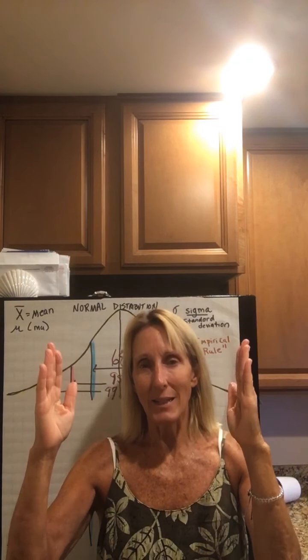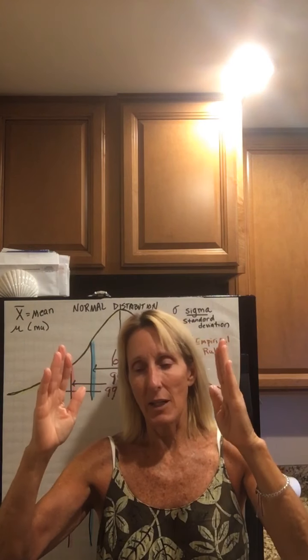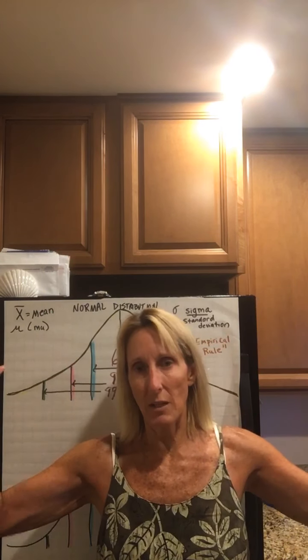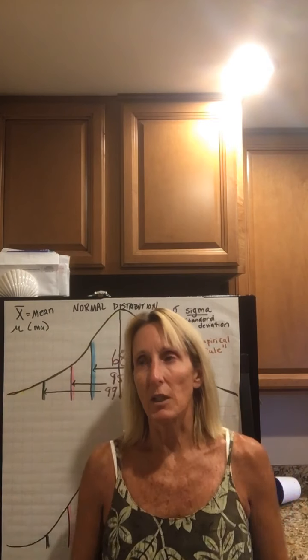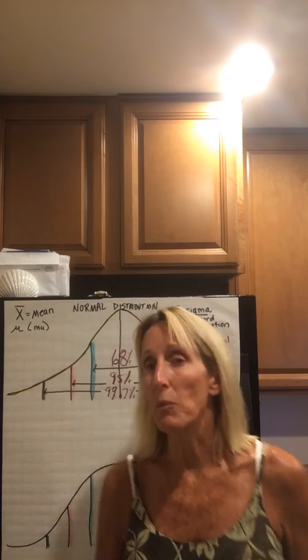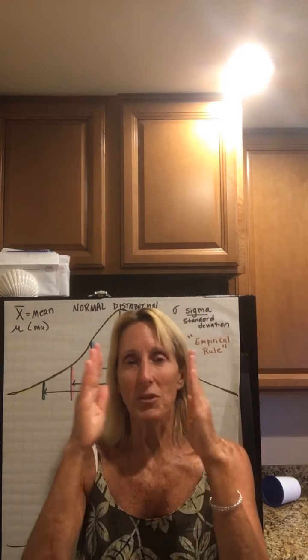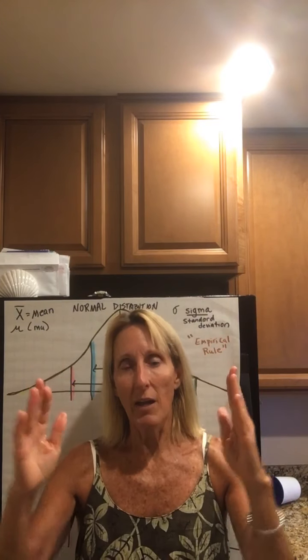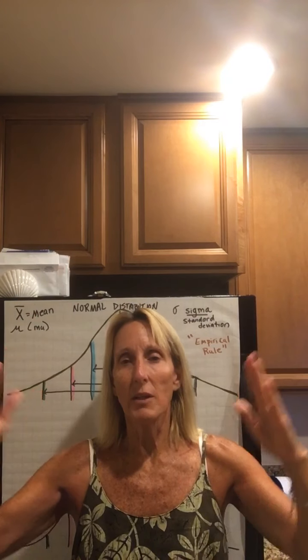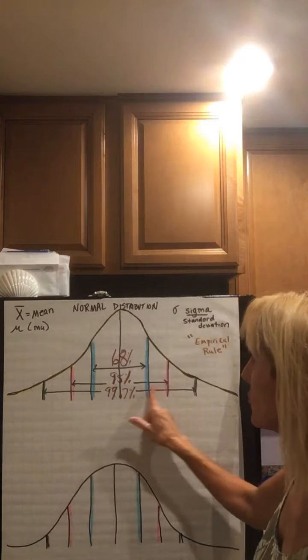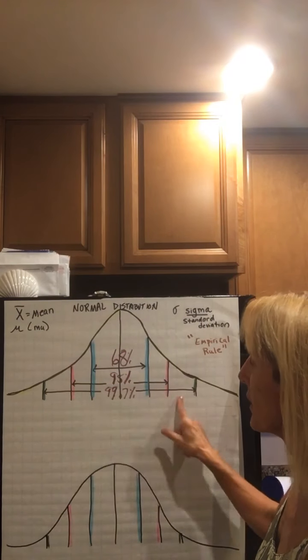And then 99.7, and then to here would be the rest of the data, that would be 100%. The stats guy goes empirical rule, but I won't say that. Oh, I just did. Okay, so you go 0, 68, 95, 99.7, and then the rest of the curve would equal 100%. You kind of need to know those numbers right here.